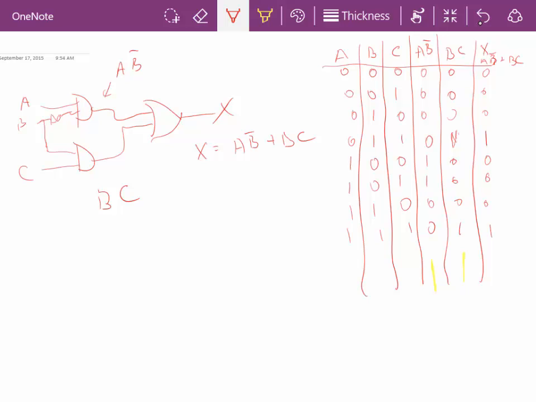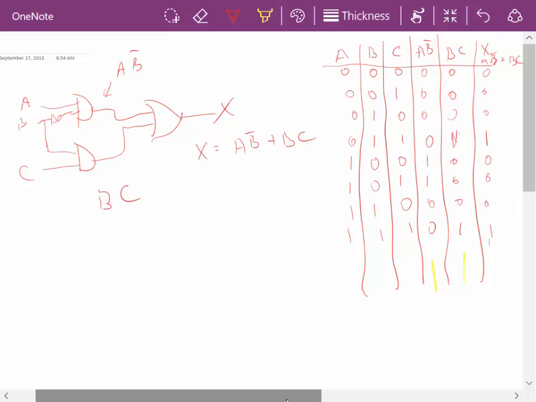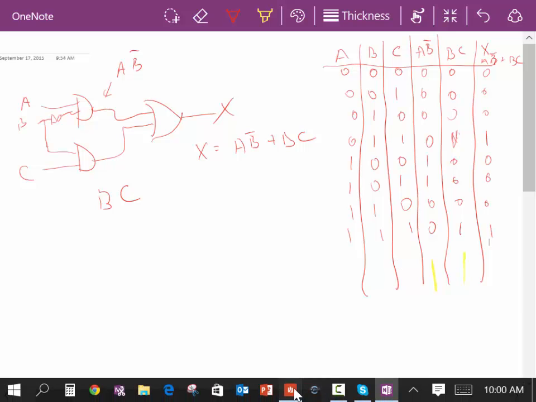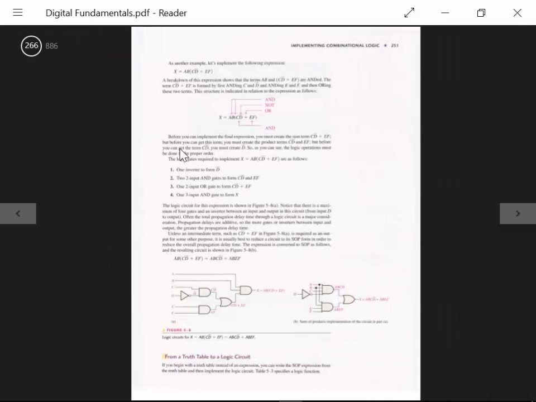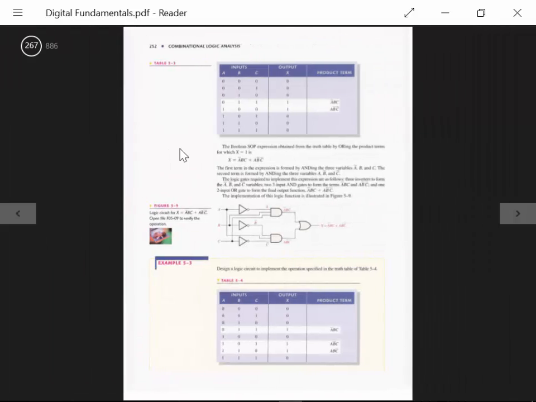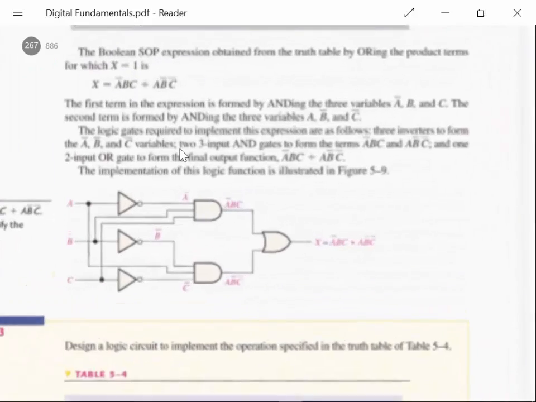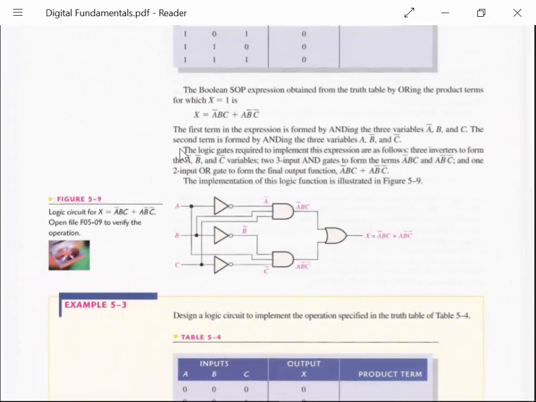We look at the equation and we apply the rules of Boolean algebra. These are all in the book, and I'm going to refer back to the book simply so that I follow the same order and I don't miss one. So let me go back to the book here, and everyone has this book. If you look at the book, they've got a nice, neatly drawn-out circuit there.